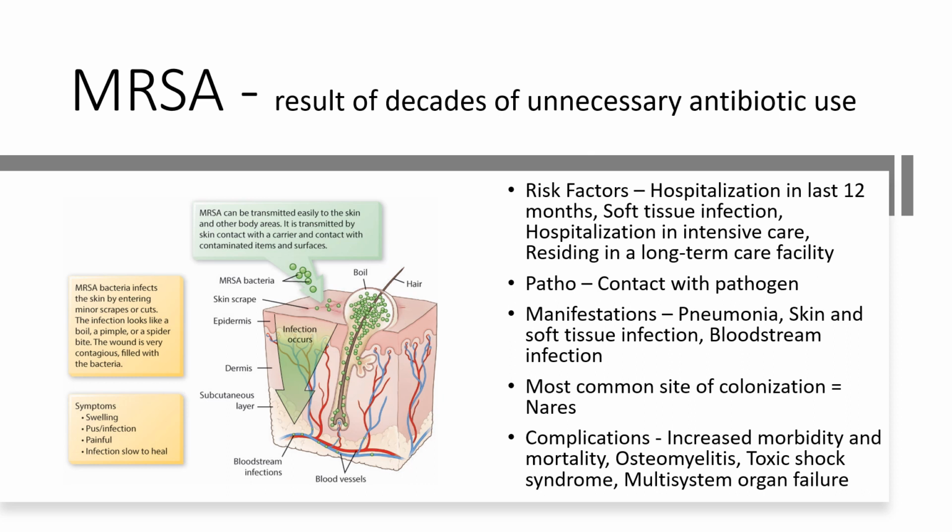Risk factors for this include hospitalization, especially in the past 12 months, a soft tissue infection on that hospital admission, intensive care unit, residing in a long-term care facility, invasive procedures, medical devices like a urinary catheter or an IV line, hemodialysis, long-term or recent broad-spectrum antibiotic therapy allowing bacteria to become resistant to that specific antibiotic.